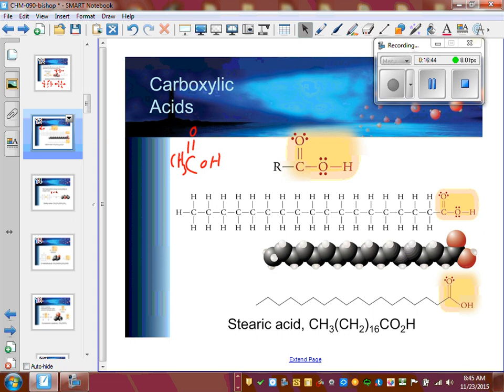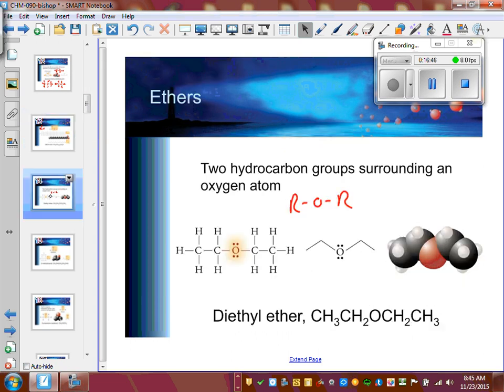Chapter 2. We have another functional group, an ether. That's where we have two groups with an oxygen in the middle. This one has two carbons, it's called ethyl, so this is diethyl ether. This was the first ever anesthetic, and up until the Korean War they were using it in surgeries.